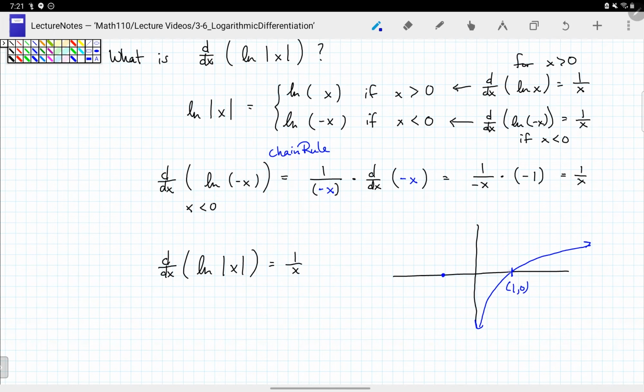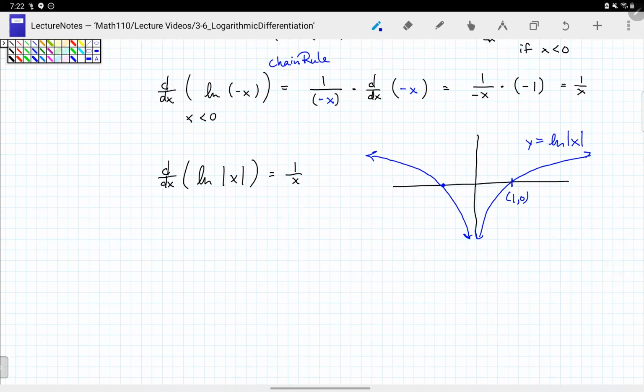Well, it's the same as the natural log of 1. Anytime I have one of these x values, I just go over to the other side to read the y value. So it's going to be reflected across the y-axis. So this is y equals natural log of the absolute value of x.